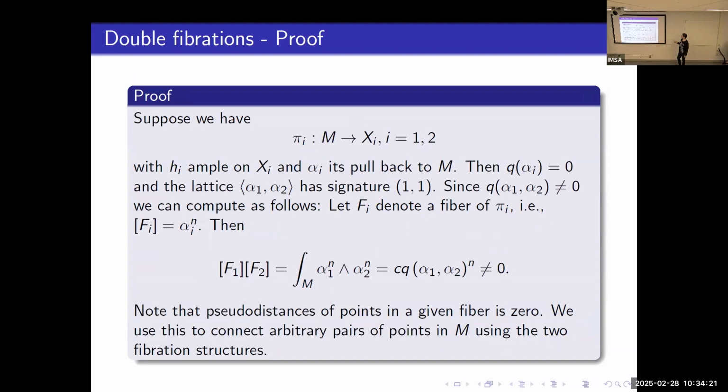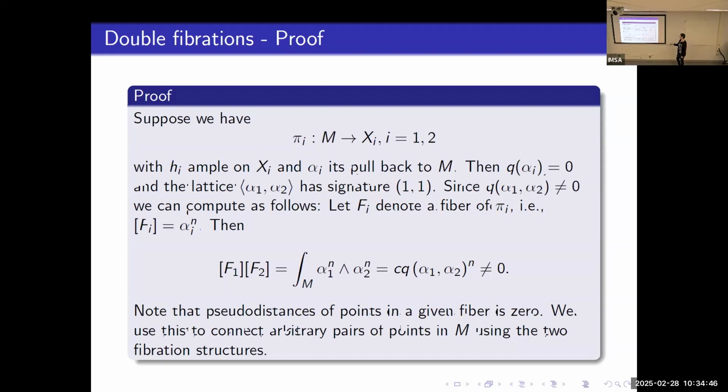So if you take ample classes H_i on the two bases of the Lagrangian fibrations, and then pull back to classes alpha_i, then the computation about intersections of fibers is just using the generalized Fujiki formula.